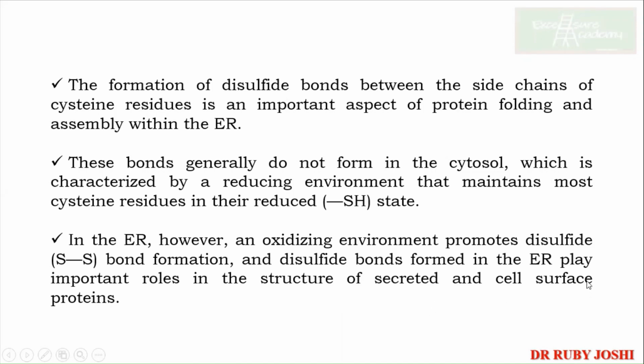Now this sentence has got deep meaning. Disulfide bonds formed in the ER play an important role in the structure of the secreted and the cell surface proteins. Why? Why is disulfide bond formation so important in the secreted or the cell surface proteins? Can anyone relate? If it is internal proteins, there is not that much requirement of disulfide bond formation.